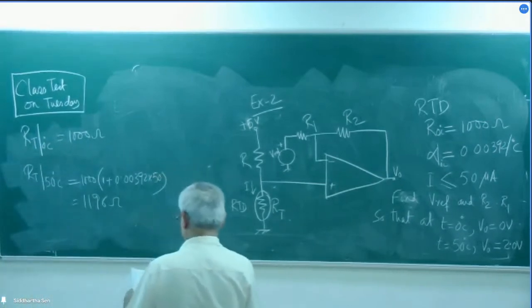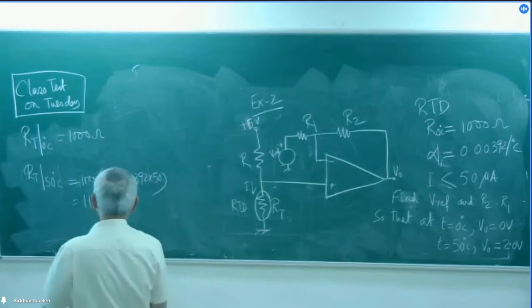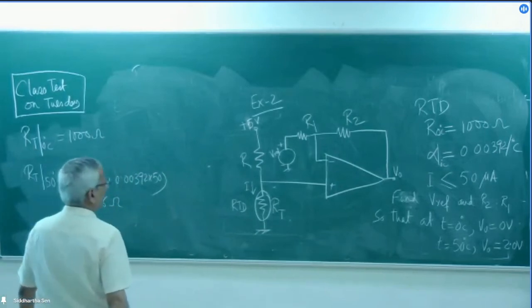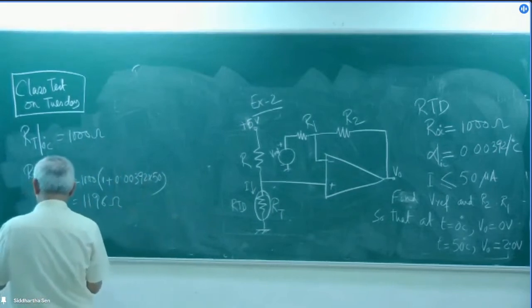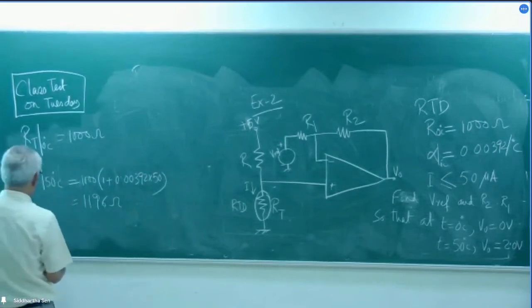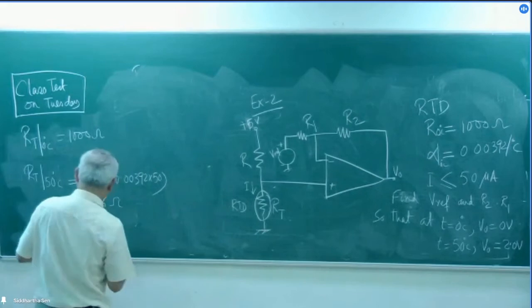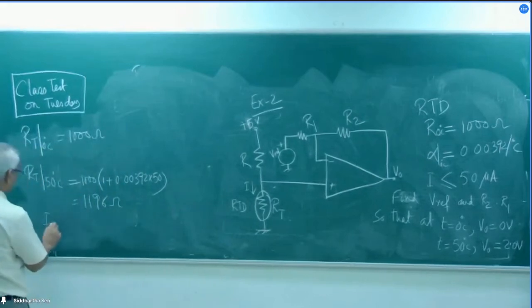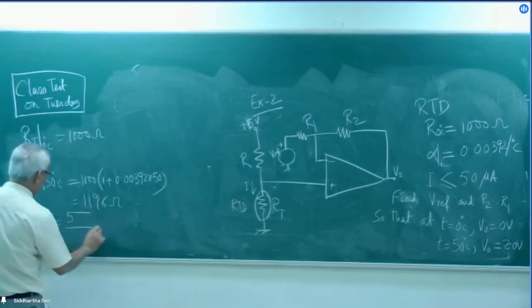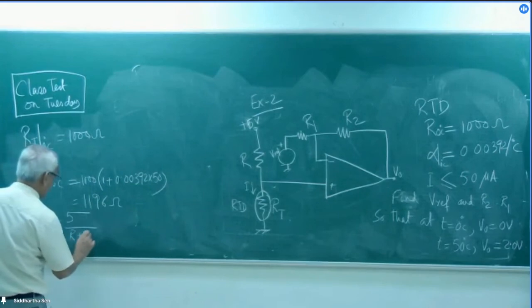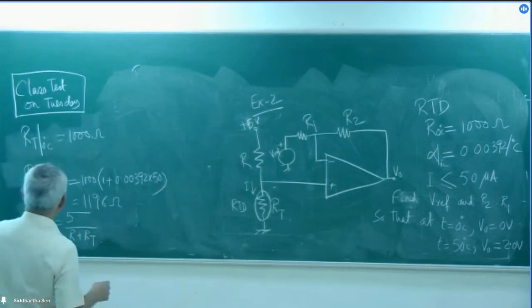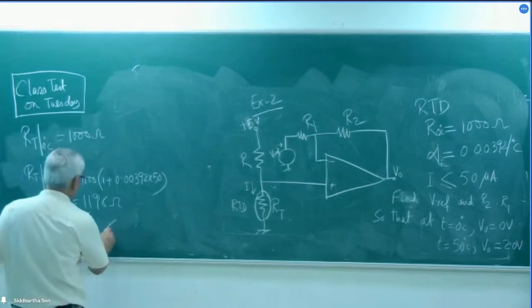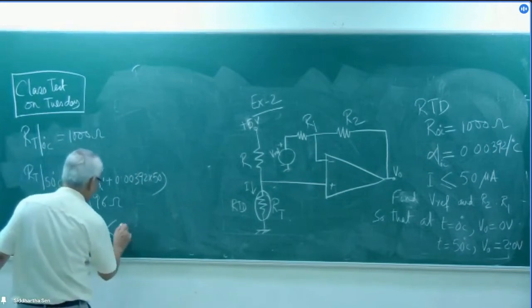And also, what value of R do we need to choose? So what is the value of R we need to choose? This I is equal to 5 divided by (R plus RT). So the maximum current should be less than 50 microampere.